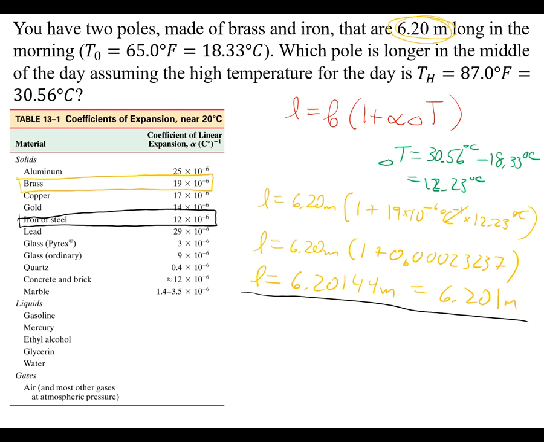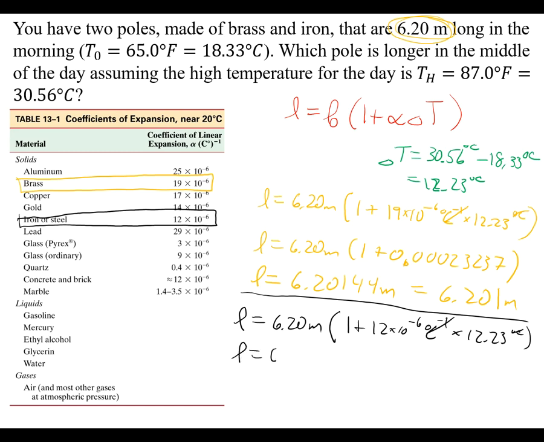So for the iron, follow the exact same equation. Length is going to equal your initial length, 6.20 meters, times 1 plus its coefficient, which is 12 times 10 to the minus 6th inverse degrees Celsius, times the change in temperature, which was 12.23 degrees Celsius. Once again, units all cancel out.